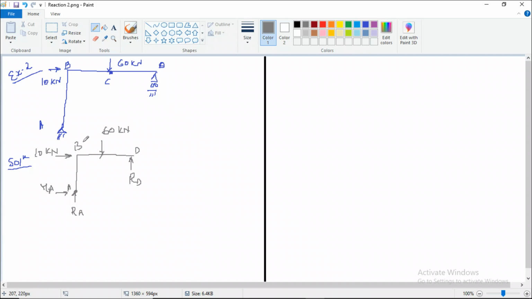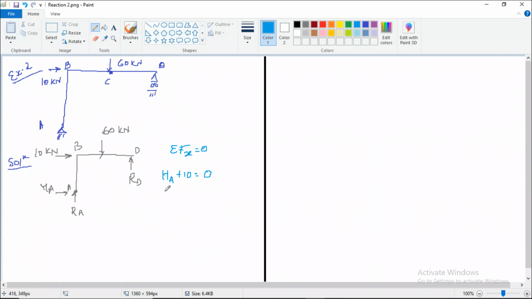Right, so again starting with the equations of static equilibrium, first we will apply summation of horizontal force is equal to 0. In this case we have two horizontal forces. First is HA plus 10 is equal to 0 because both are in the same direction.